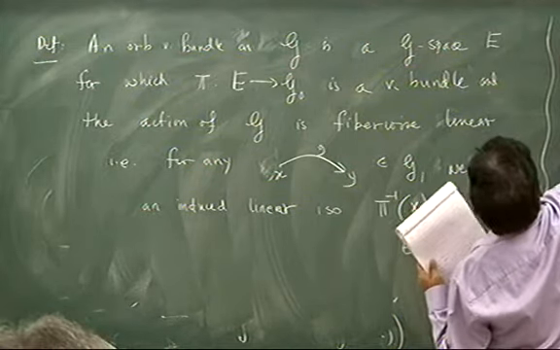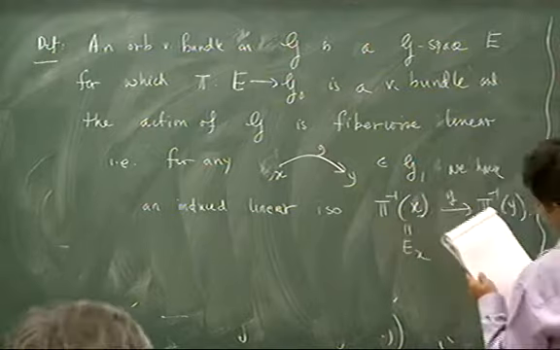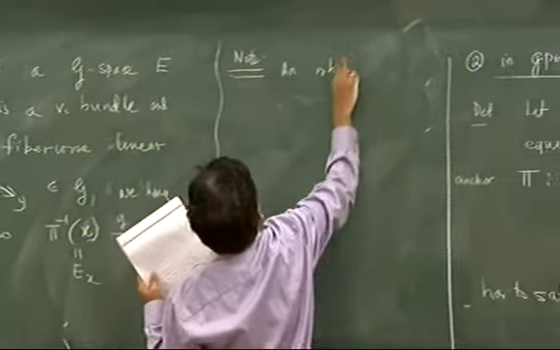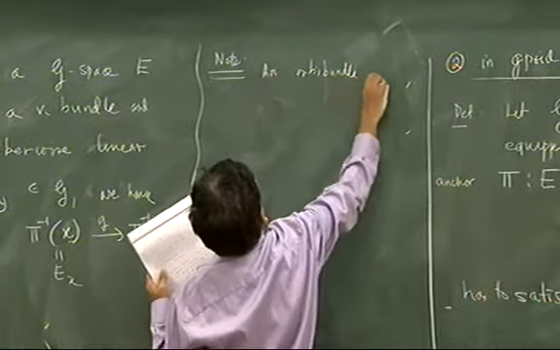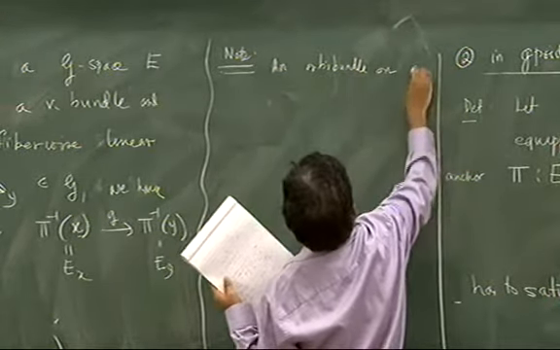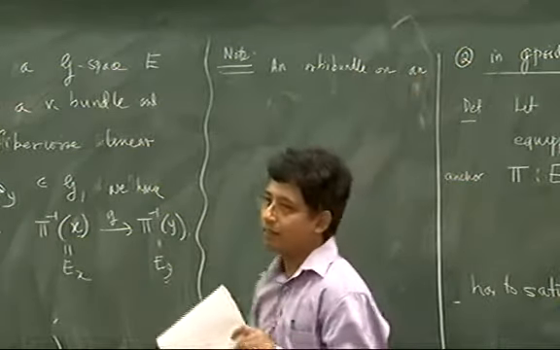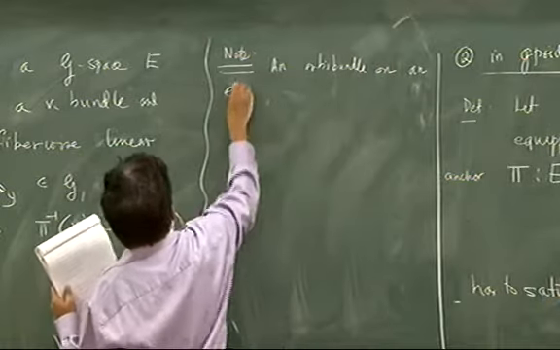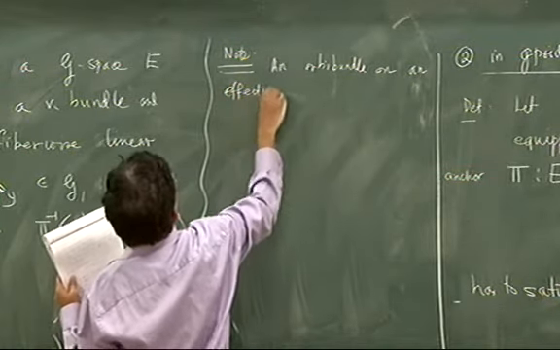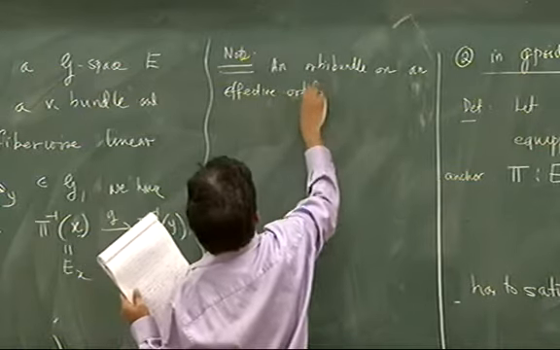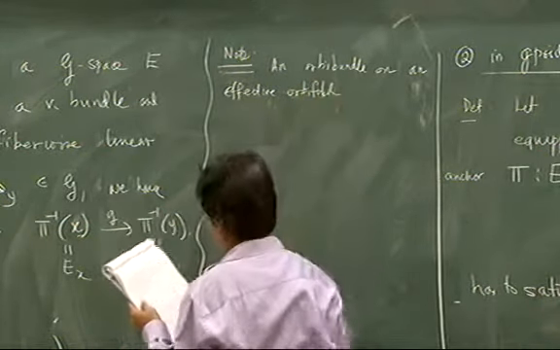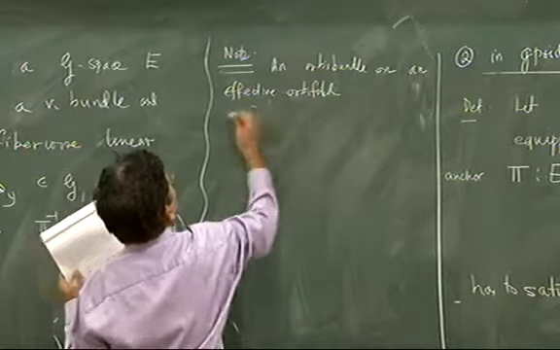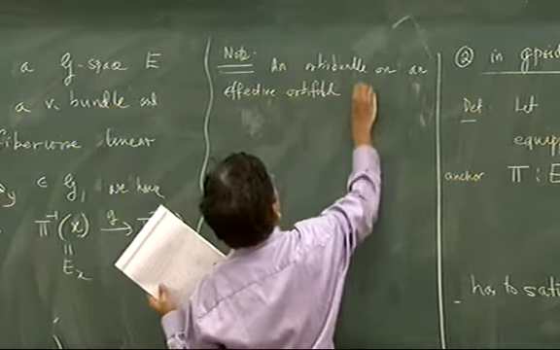So note that out of all this we get an orbibundle on, and this has a name again, I didn't write, on an effective orbifold, I will just use this notation.